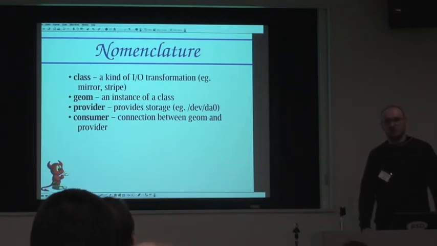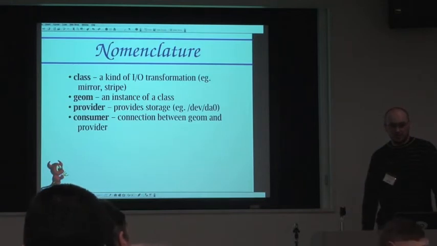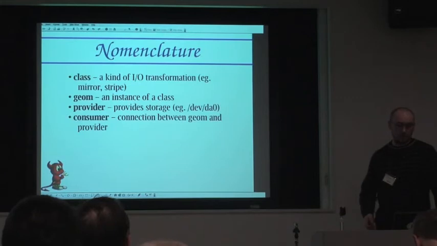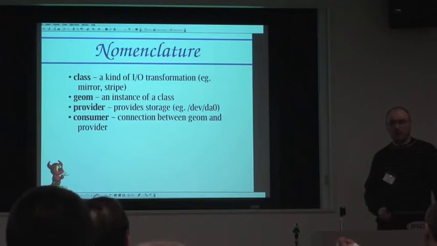When I read emails on FreeBSD mailing lists, many people confuse various words we use in GEOM. They sometimes call providers consumers or GEOMs. I will try to explain how it works. So first we have a class.